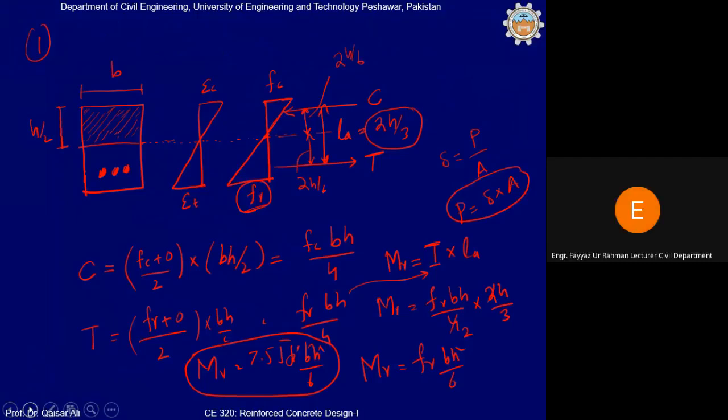So that is why I derived the same flexure capacity equation using the equilibrium equation, because for the other stages the flexure formula will not be valid. So using this technique you will derive the relation for calculating the flexure capacity of a reinforced concrete section.